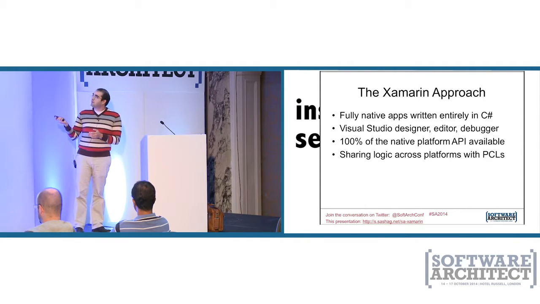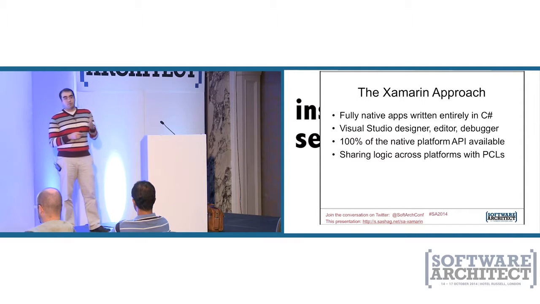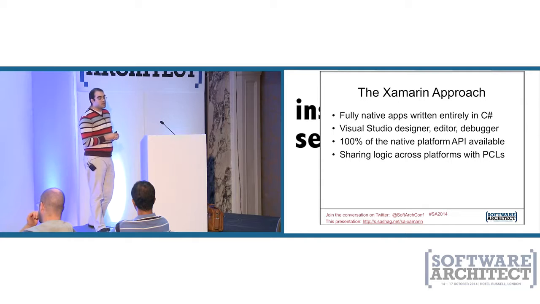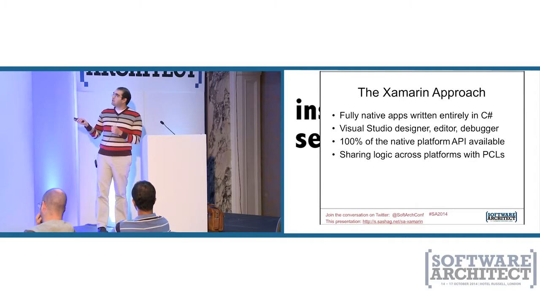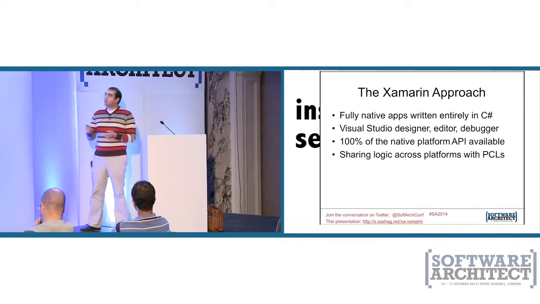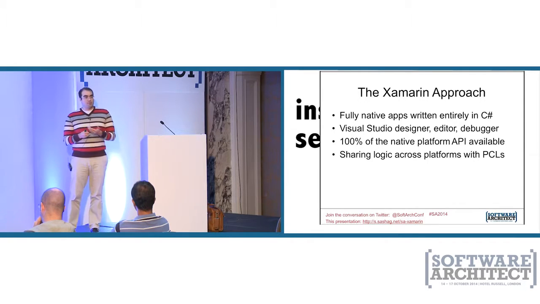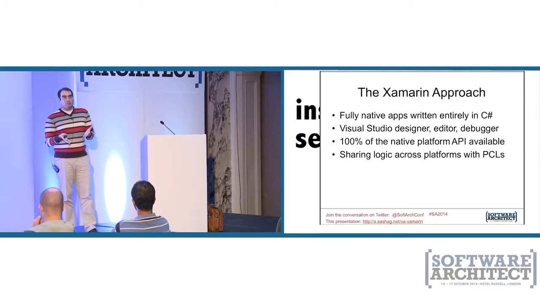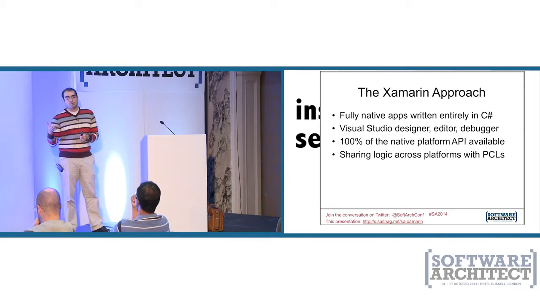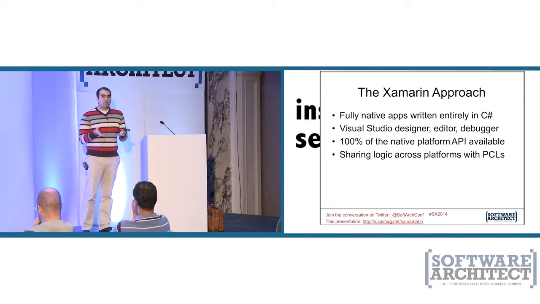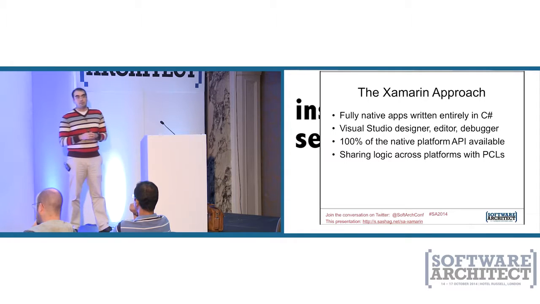So you can use a PCL from iOS, from Android, from Windows Phone, from Windows 8, from a WPF application, from ASP.NET applications. It all depends on the set of platforms that you configure your PCL to support. So by using PCLs that are compatible with Xamarin, you can build shared logic, shared components, and you can also find lots of shared components existing online on NuGet, for example, and you can use them from all your different platforms, from all the different applications.